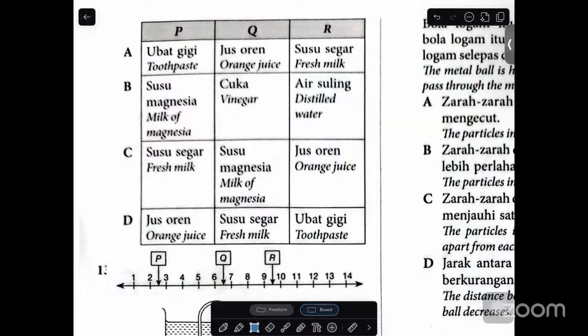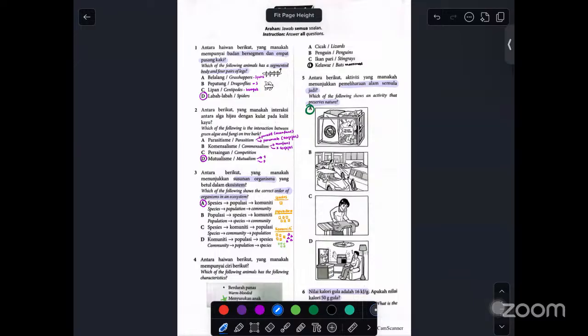Okay? Alright. Students, siapa-siapa nak screenshot? Tolong screenshot bahagian ni. Muka surat pertama dulu. Screenshot first. Okay, done screenshot. Okay, then go to muka surat kedua.